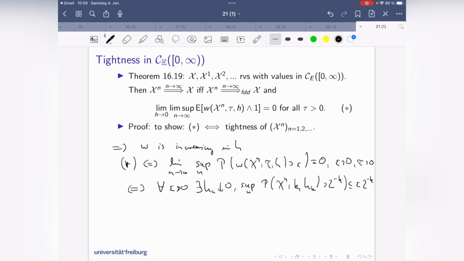But now my Arzelà-Ascoli result tells me that the following set B, which is just the intersection over all k of all sets F, such that the modulus of continuity with tau equal to k, and h_k is less than or equal to 2 to the minus k.